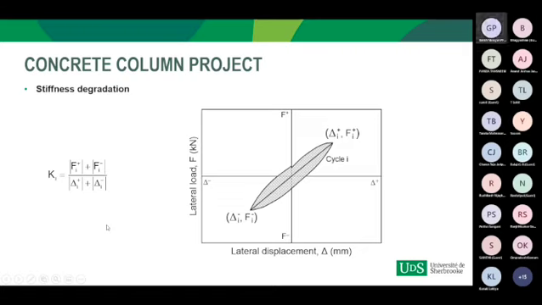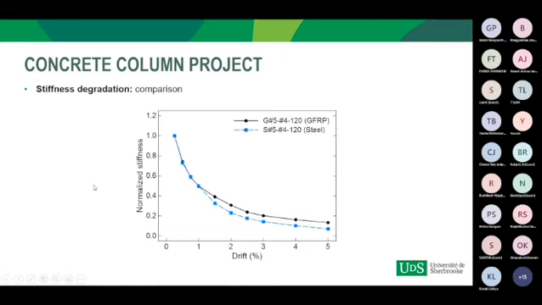The stiffness degradation of the ith cycle was calculated as the sum of the peak loads divided by the corresponding displacements. The decay in the stiffness was more rapid at the initial drift cycles due to the development and widening of the cracks and the concrete degradation.